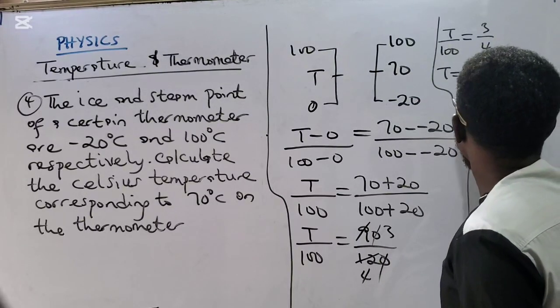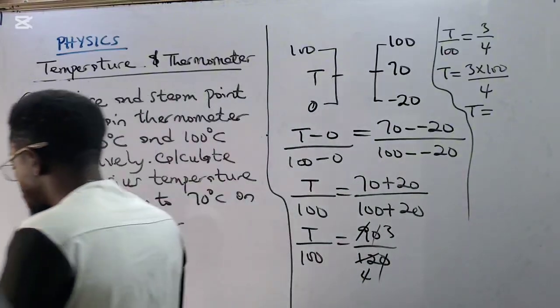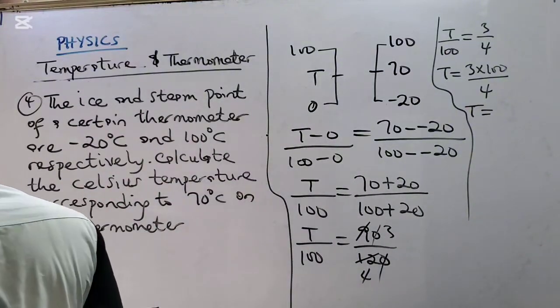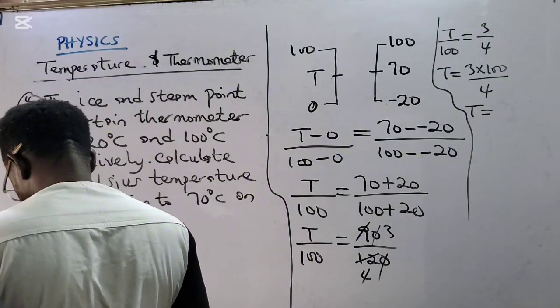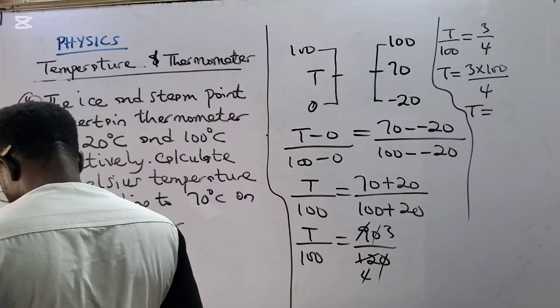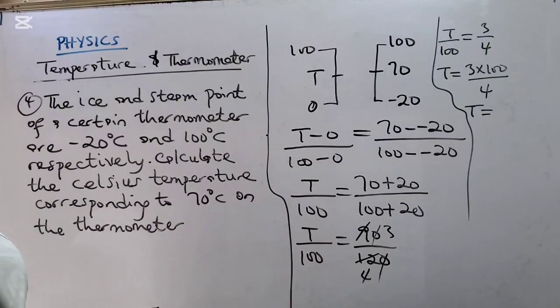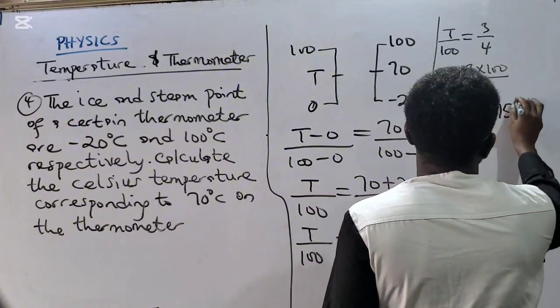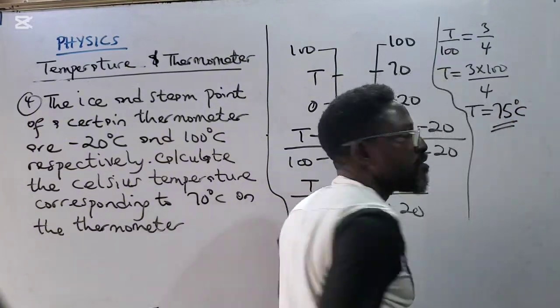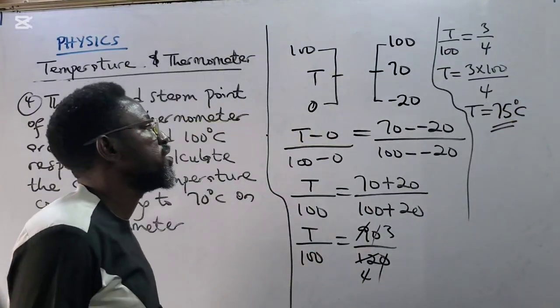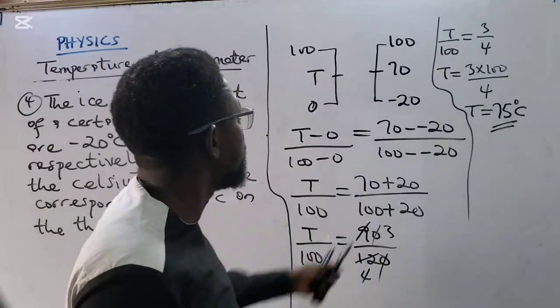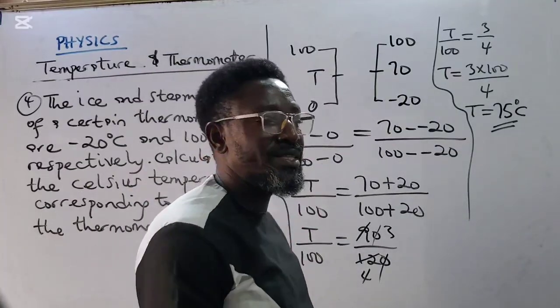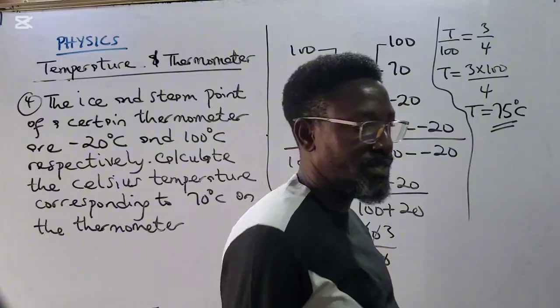So from there, you get the actual temperature. That will be 75 degrees C. That was the temperature when this thermometer was recording 70 degrees.